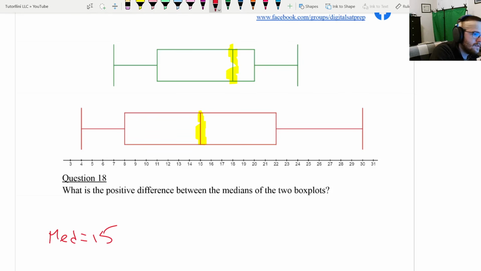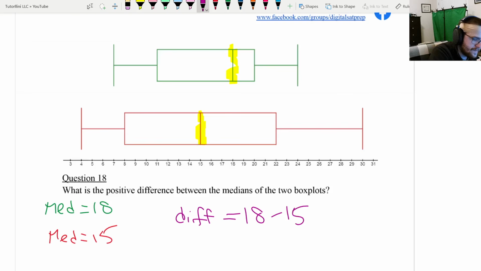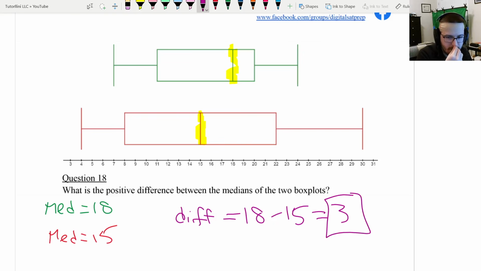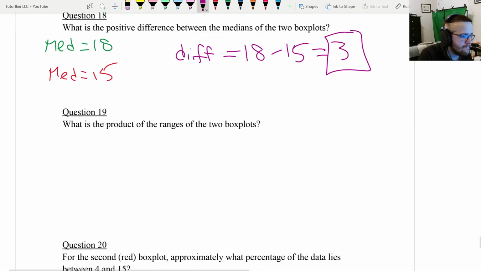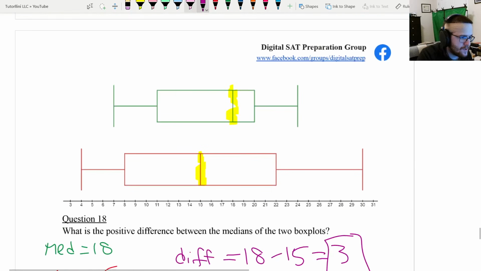Let's write that. Median equals 18. So the positive difference, just do big minus small. So 18 minus 15, which is 3. Now we're going to do the ranges. So that one, that one, that one, and that one.